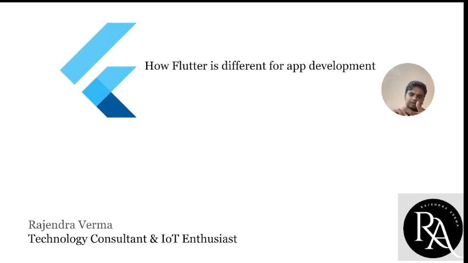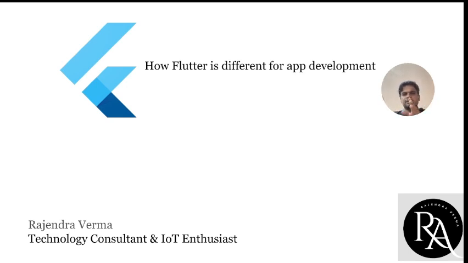Before understanding how Flutter is different from the other platforms, let us understand the history of app development, meaning how app development started. When app development started the first time, it was for the native platforms. We had different platforms for different types of OS.